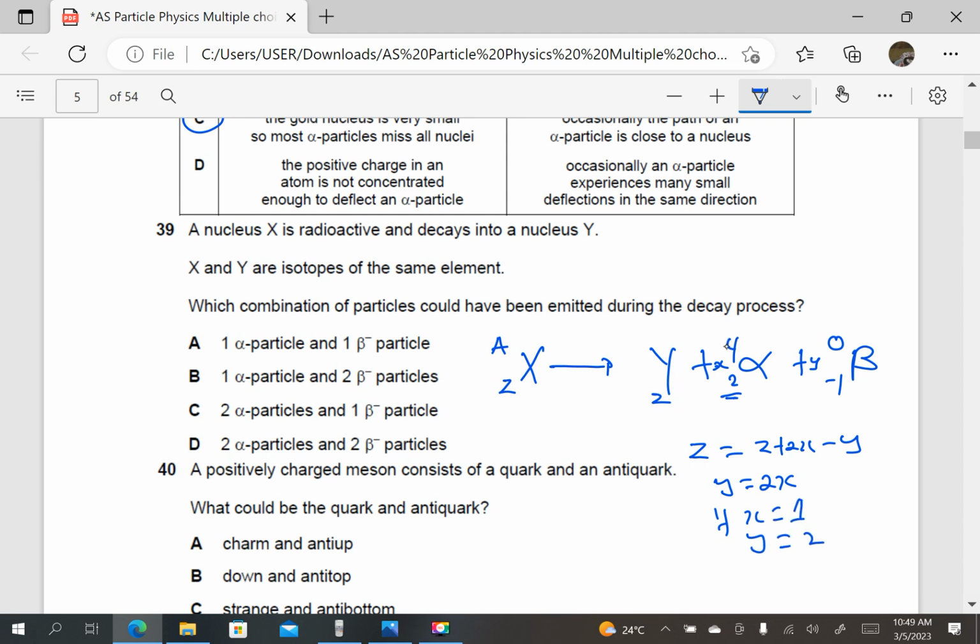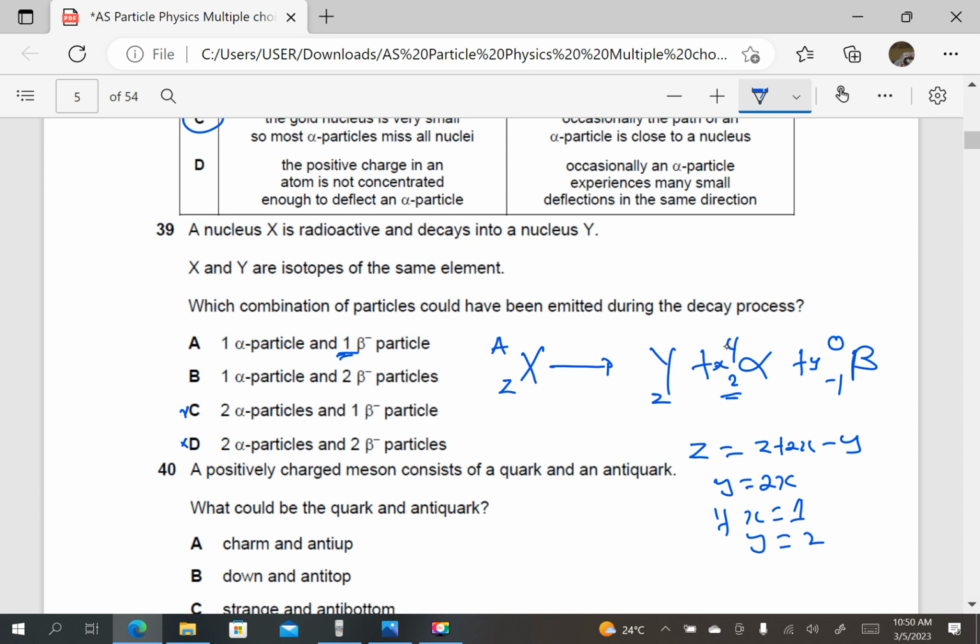That means if one alpha particle is emitted, then 2 beta particles are emitted, because y times 2 times negative 1 gives us negative 2, and x times 2 is also 2, so negative 2 and 2 cancel out. Let's check. One alpha particle, and how many beta particles?